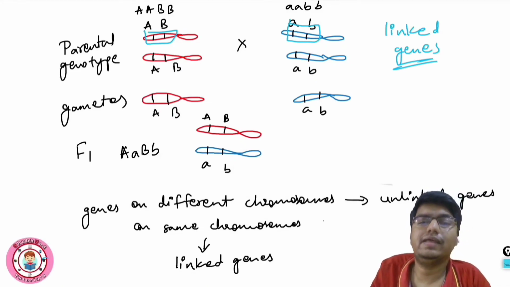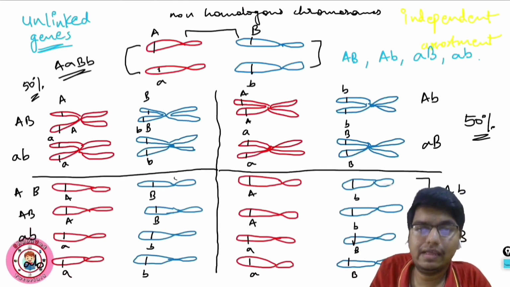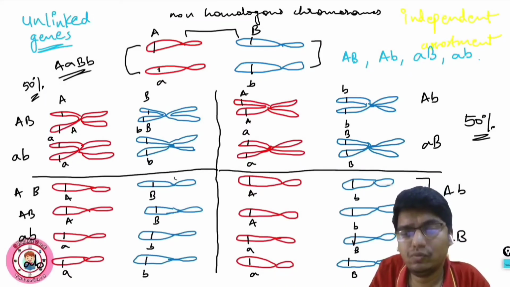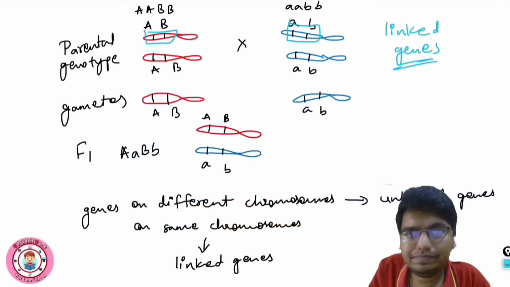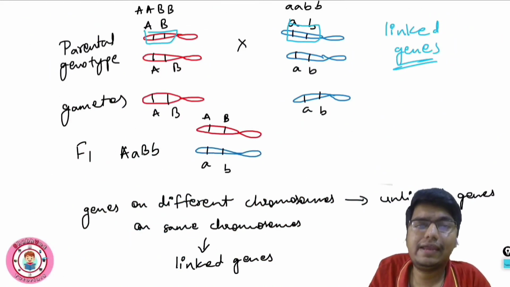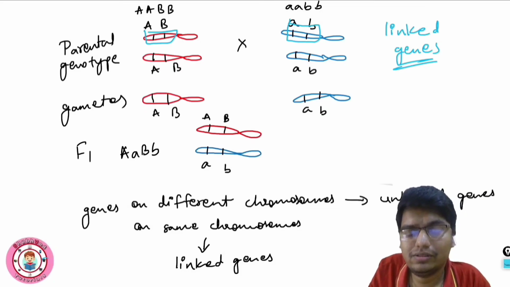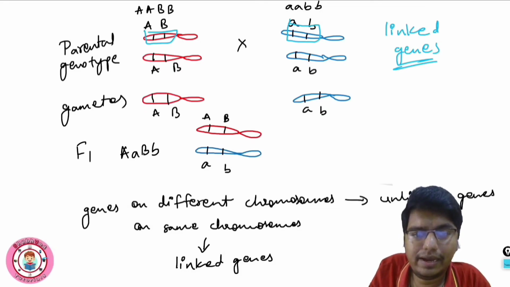Okay, as we saw in the first case, that capital A and capital B are located on different chromosomes, non-homologous chromosomes, right? And here, capital A and capital B are located on the same chromosome, right?